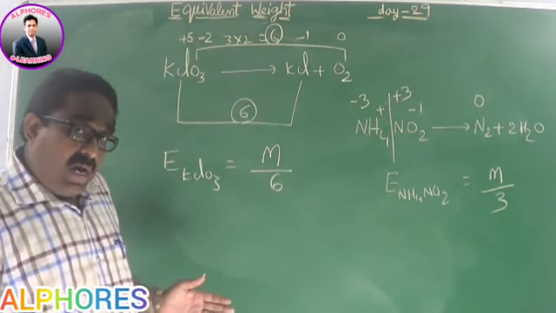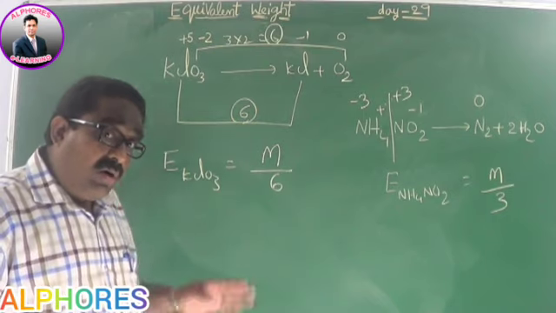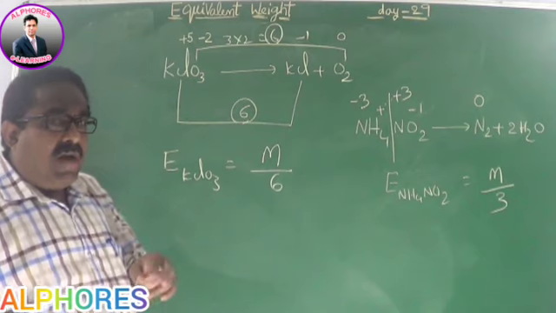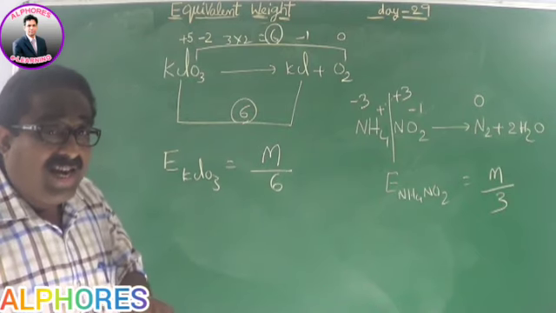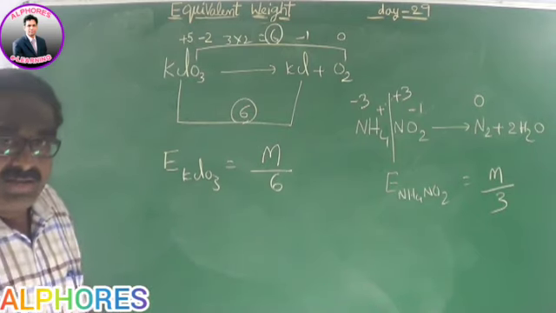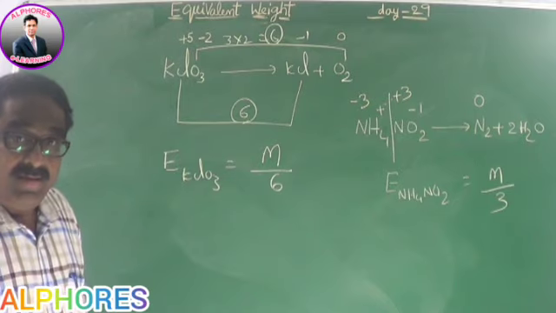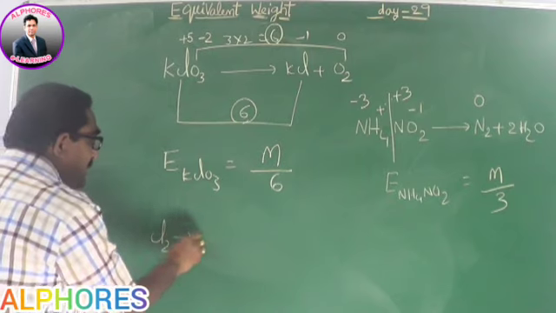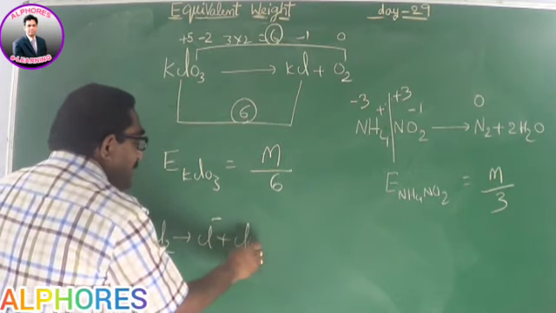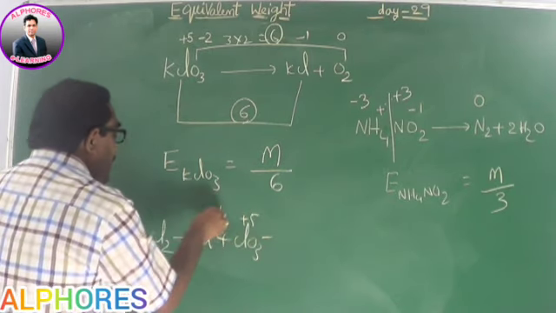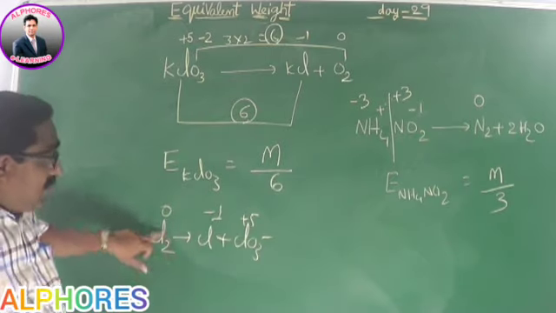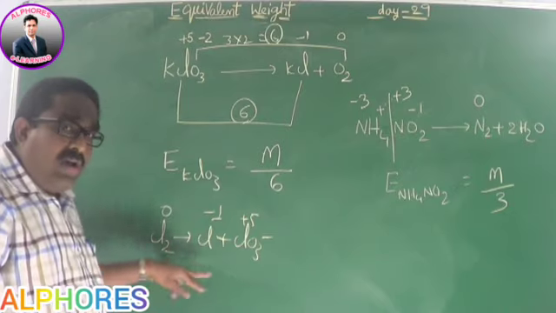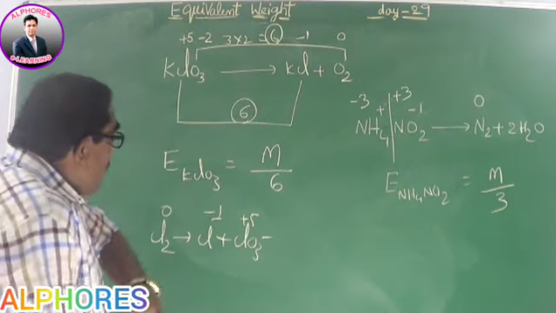Just now I have discussed with you the disproportionation reaction, where the same element undergoes both oxidation and reduction from the same oxidation state. Cl2, see the difference between that and this. I will once again explain to you. Don't get confused. +5, -1, 0. Both the chlorines are 0, 0. One chlorine is undergoing oxidation, the other chlorine is undergoing reduction.